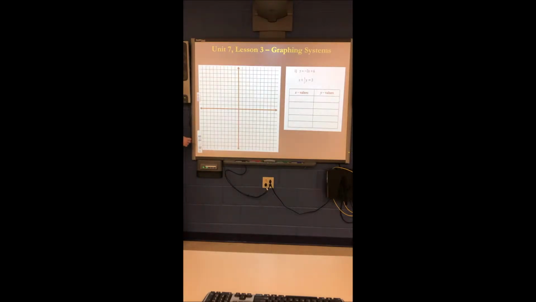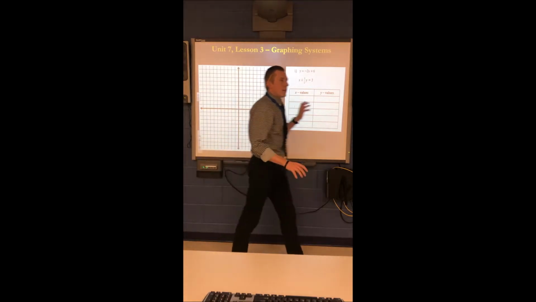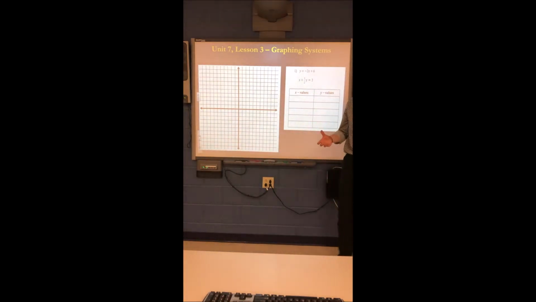Here's an example, number 1: y equals negative 2x plus 6, and x plus 1/2 y equals 3. We have to solve them for y. I've prepared a whole sheet where you can solve for y, put it in your graphing calculator, find values in the table, and then plot them.